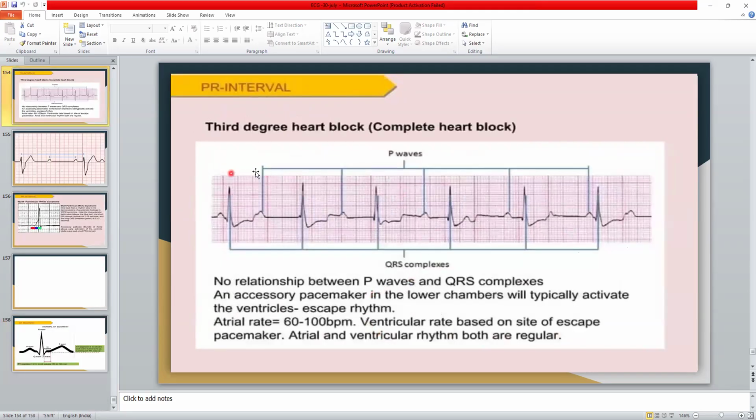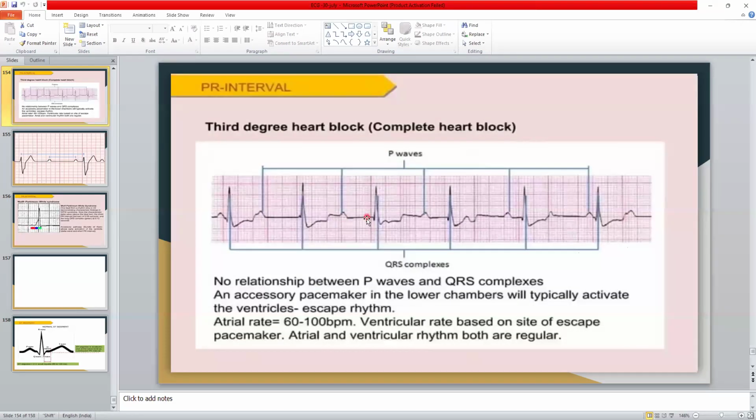Coming to the third degree block or complete heart block, it is also known as Stokes-Adams syndrome. This complete heart block calls for an emergency pacemaker insertion. Here you can see there is no relationship between the P waves and the QRS complexes.